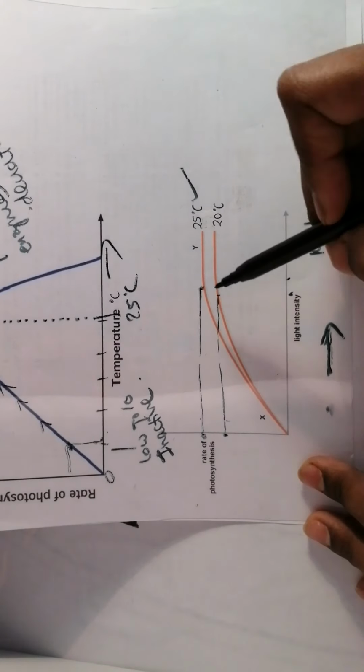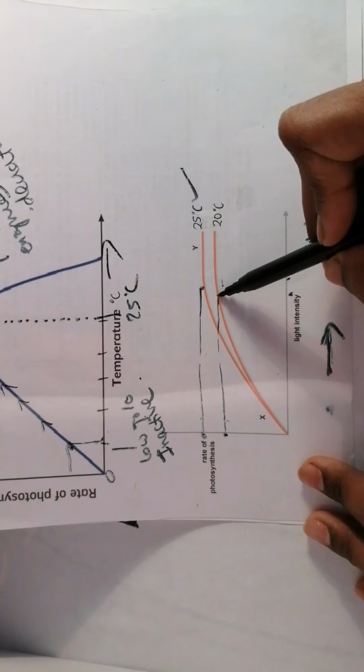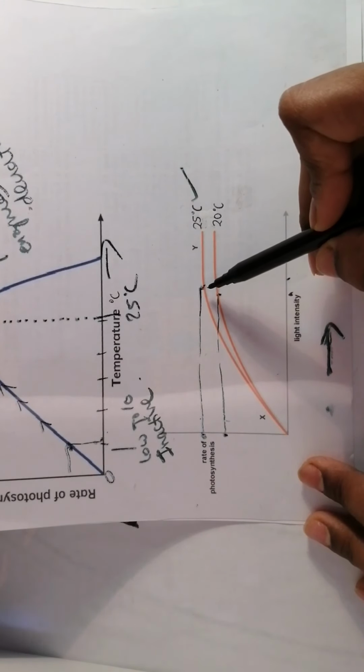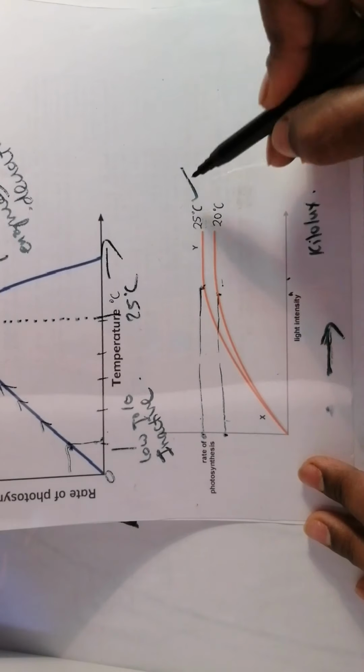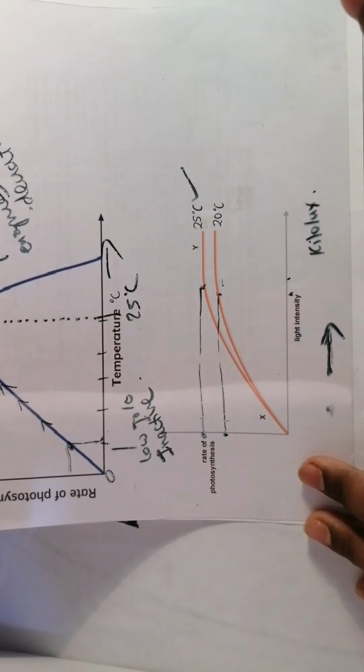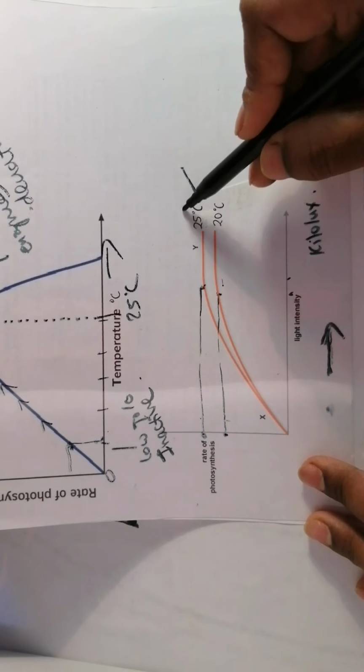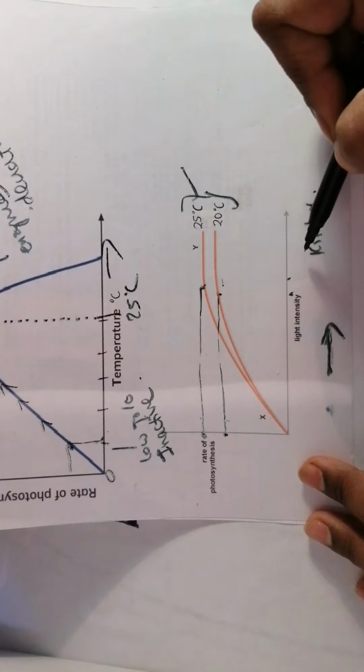Hence, temperature can be seen as a limiting factor, right? We can see here that it starts to level off from an earlier point as compared to there, and that this is a higher optimum than this one, because we've got temperature playing a role here. So temperature becomes a limiting factor here, right? Because I'm using it with light intensity.